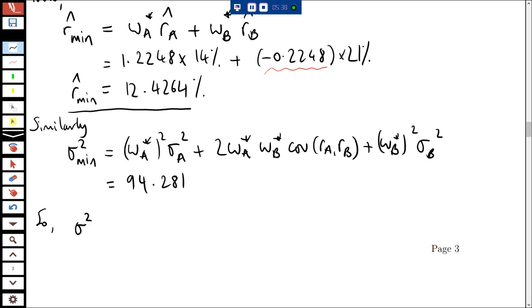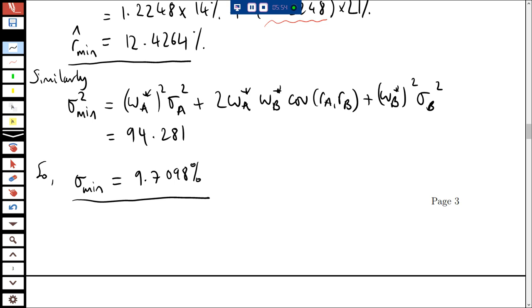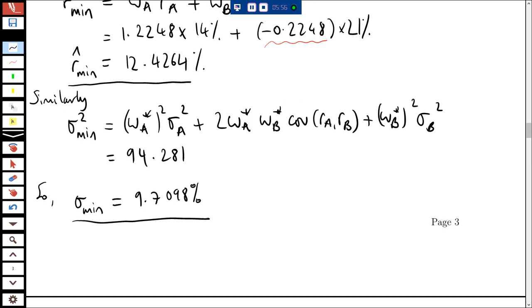So taking the square root, the standard deviation is approximately 9.7098%. 2 decimal places would have been fine, just a little bit extra. Okay, so there you go.